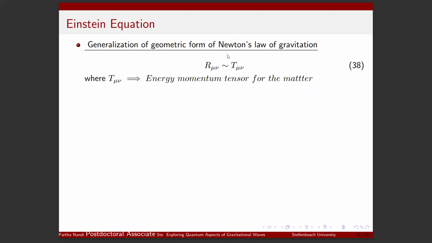But in general relativity, that is the motivation, and now we consider the most general situation. So we allow all components of R mu nu and all components of T mu nu, which are second rank objects: the Ricci tensor and the energy momentum tensor of the matter.